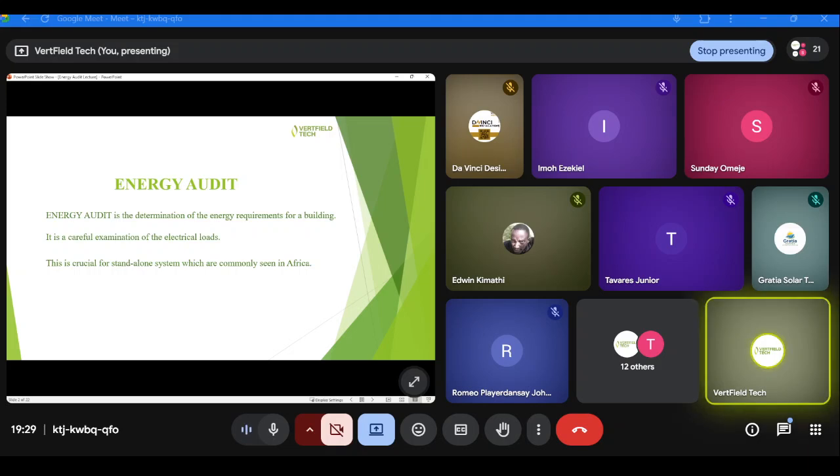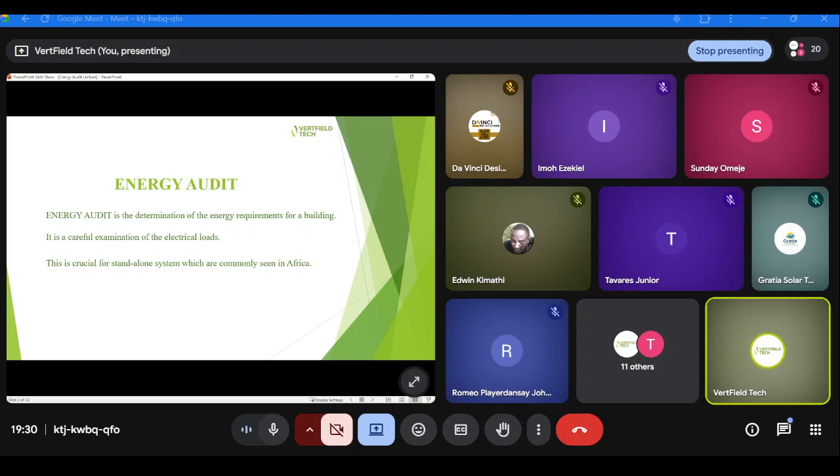So, energy audit is determination of the energy requirement for a building. It is a careful examination of all the electrical loads. What does that simply mean? I said energy audit helps you to know the energy need of a facility.